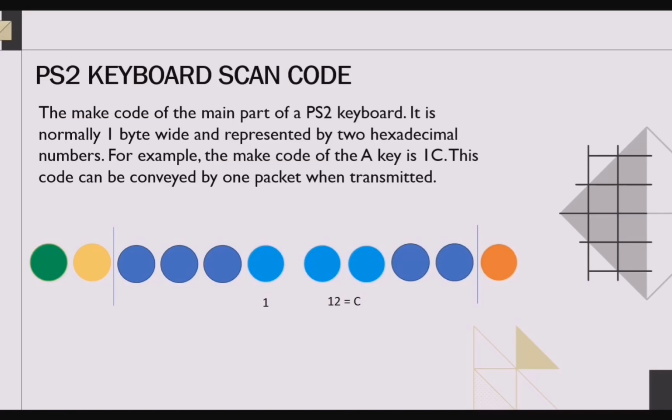The first hexadecimal only consists of 1 on LED, while the second consists of 2 on LEDs. We can depict it in binary as 0001 and 1100. When converted into decimal, it is 1 and 12, and in hexadecimal, it is 1C.